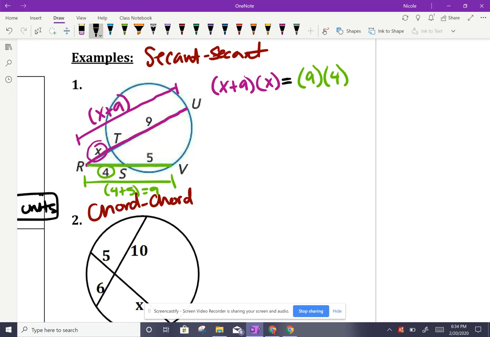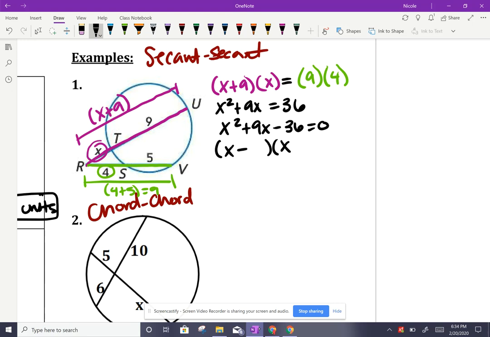So we go through and distribute. We've got x squared plus 9x equals 36. I'm going to move that 36 to the other side. So we have x squared plus 9x minus 36 equals 0. And then I'm going to need to factor. So x, I'm going to have one positive and one negative.